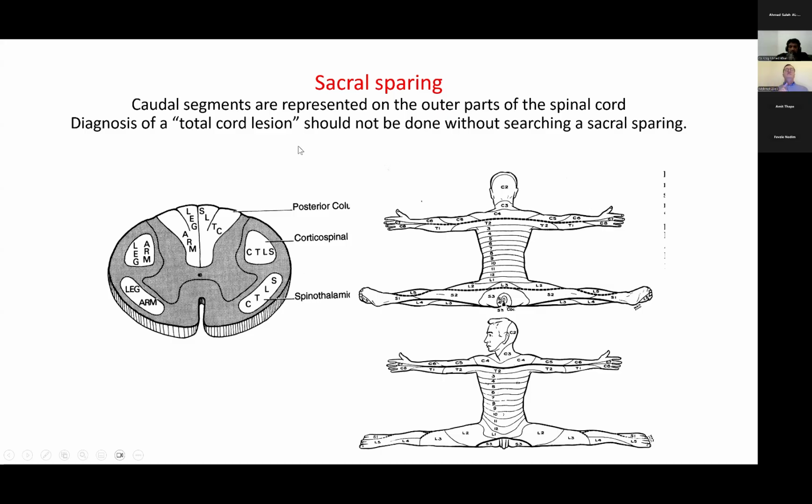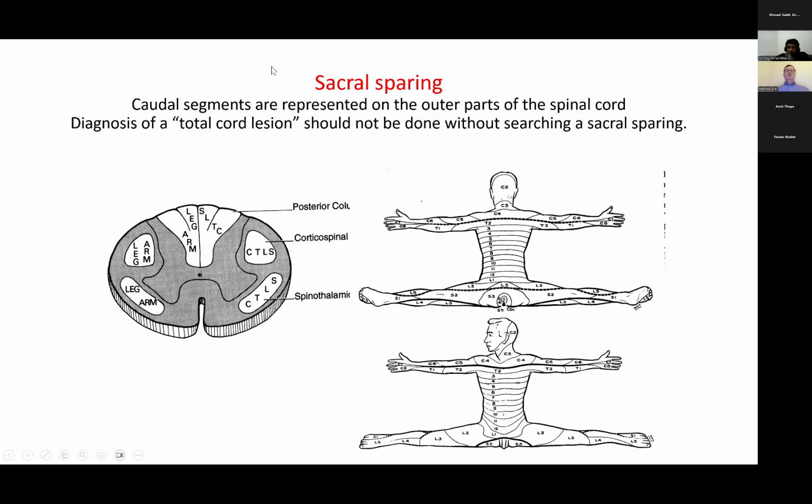So if you see significant recovery after a total cord lesion, I will claim that the first examiner did not look at the sacral sparing, because examining perianal area with a pinprick is not properly done mostly, especially in emergency care patients. So then we mistakenly think that this is a total cord lesion.